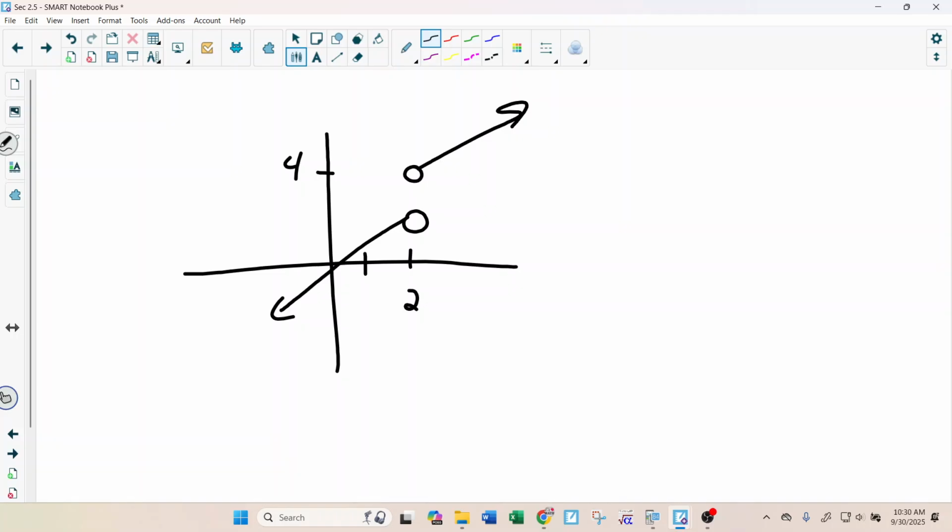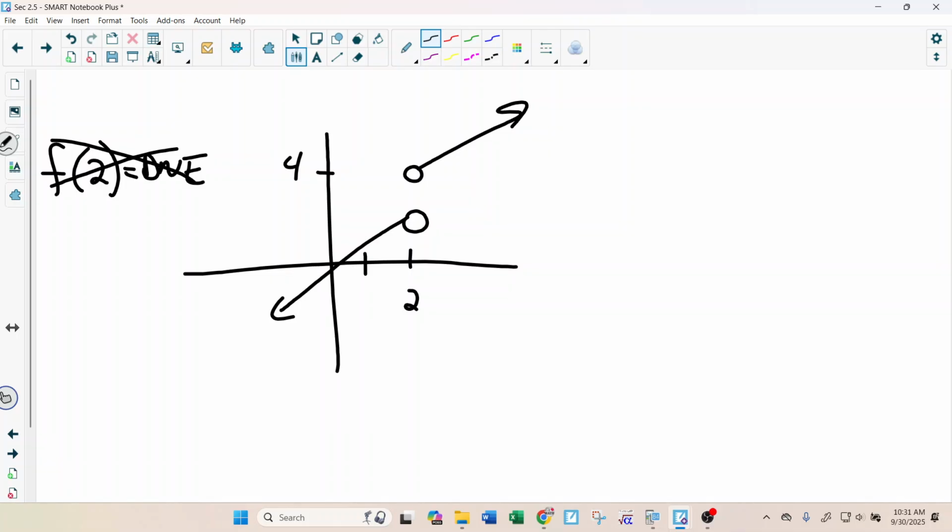Is that a continuous function? Is it continuous at every number in its domain? Is it defined at 2? Can you find f of 2? No, it's undefined. There's no solution, it does not exist. So since it doesn't exist at 2, 2 is not in the domain.